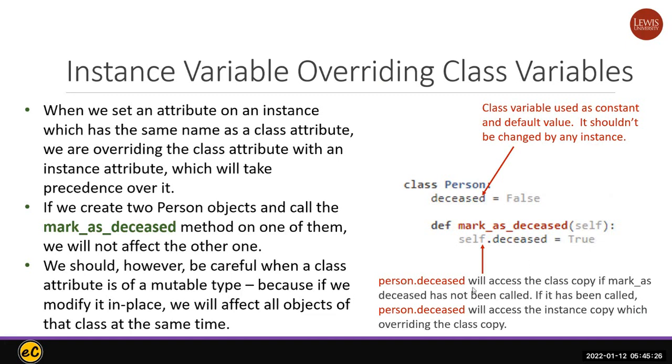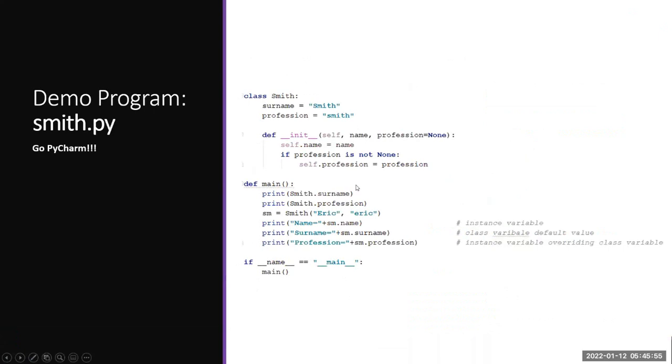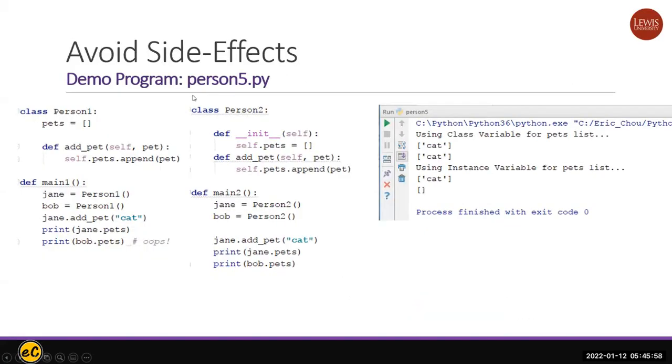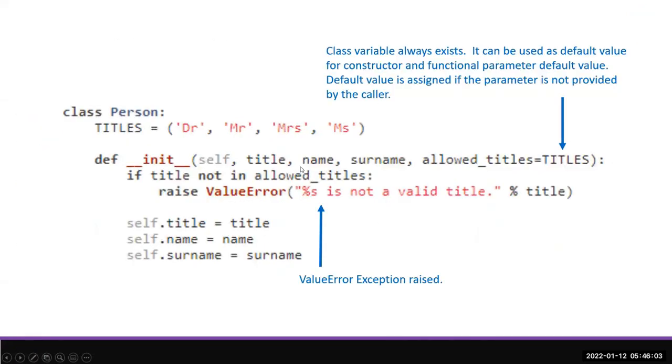When you access person.disease, you will get the instance variable. Even though you can use an object to access the class variable, if you define both using the same name, you get the instance copy, not the class copy. Look at the demo program and try to avoid the side effects.